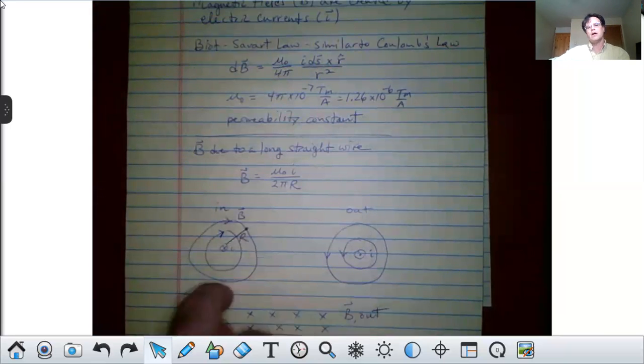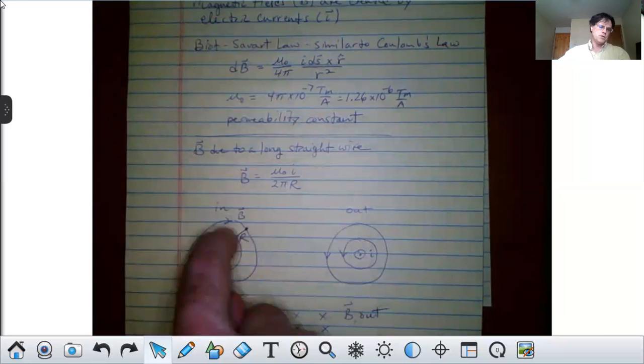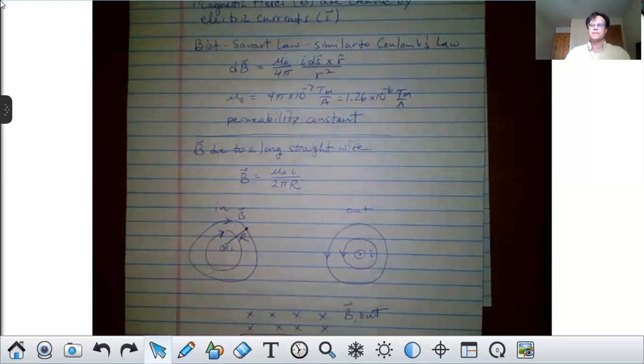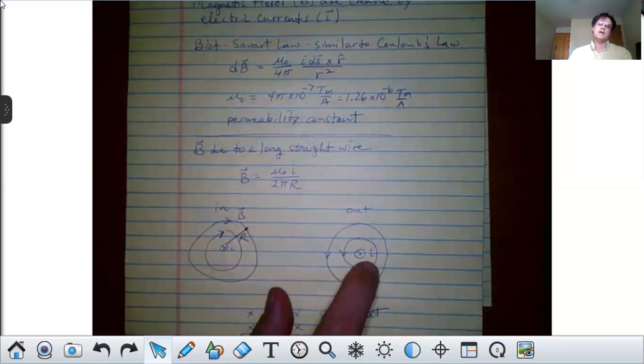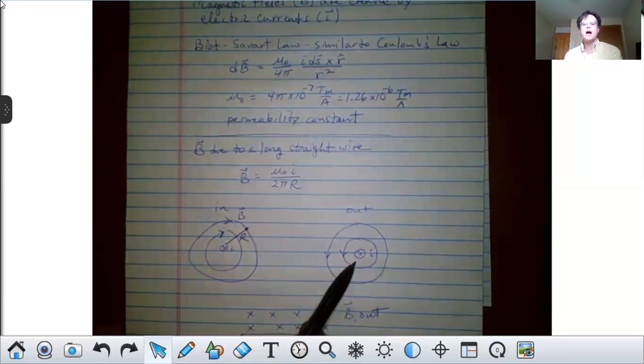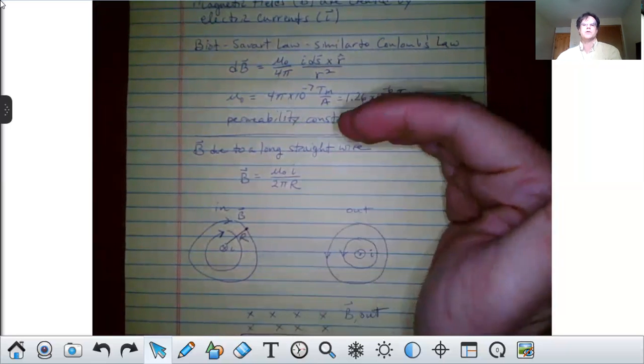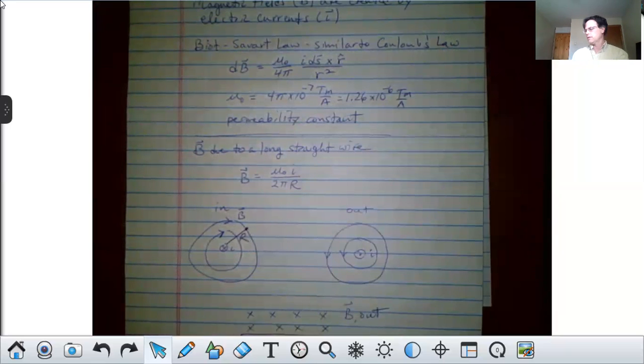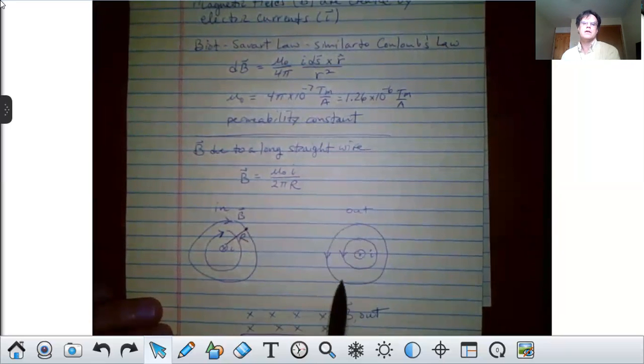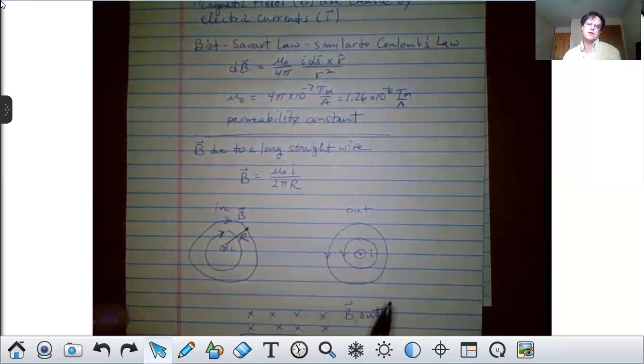So it'll be going clockwise in this situation with the current going into the page. On the right-hand side here, I've got an example of a current coming out. Well, then I'd put my thumb out of the page and my fingers would curl counterclockwise. So the direction here is counterclockwise around the current.